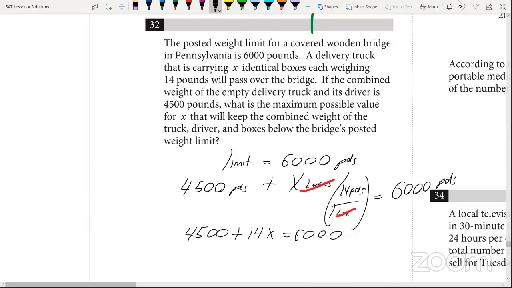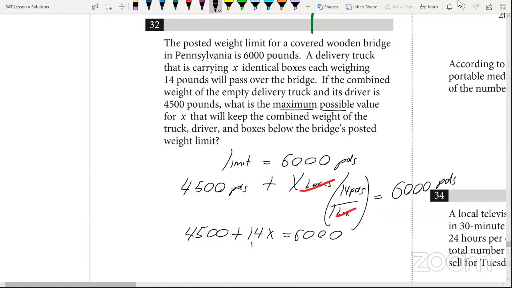And this is going to tell us the number of boxes that's going to give us the exact amount, which means that less boxes would have given us less weight, right? So the maximum possible, it's almost like a false maximum, because we're going to find the exact amount. And of course, the exact amount of something is the maximum amount. More than that would be too much.